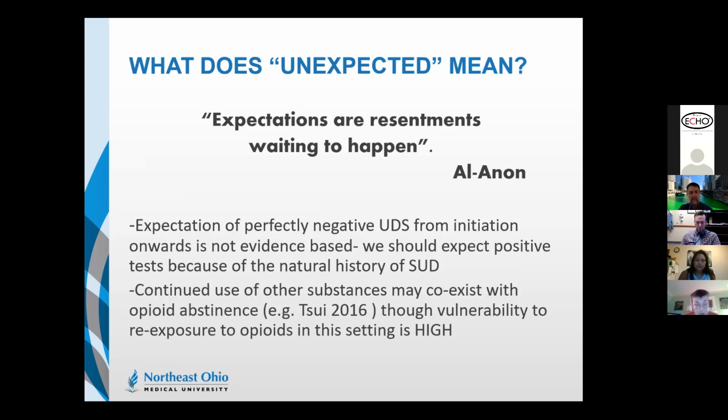In fact, we should expect positive tests of different kinds because of the natural history of substance use disorder. Then we also know from observational research that patients who may be doing fairly well in treatment regarding their opioid use disorder may continue to have other substances show up on their urine drug screen. And then that's an issue for us to decide what's helpful for that patient and what's harmful when we see those unexpected results.